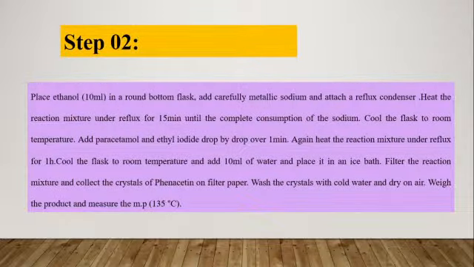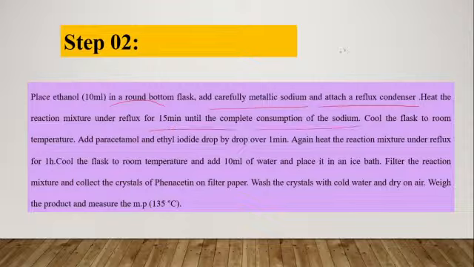Place ethanol in a round bottom flask, add carefully metallic sodium and attach a reflux condenser to it. Then we will heat the reaction mixture under reflux for 15 minutes until the complete consumption of sodium.